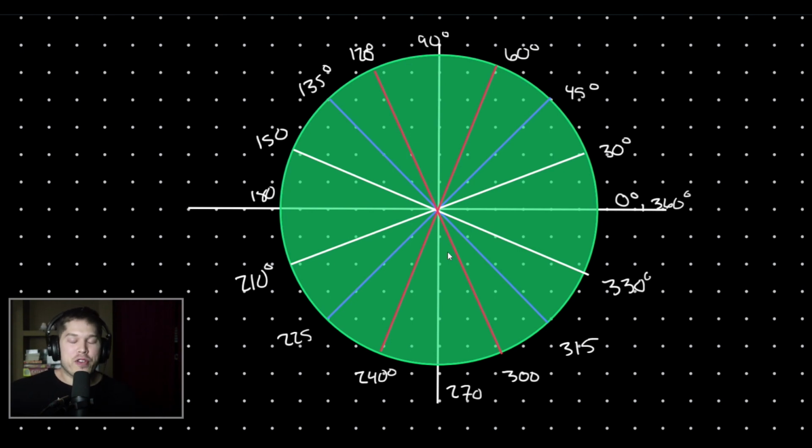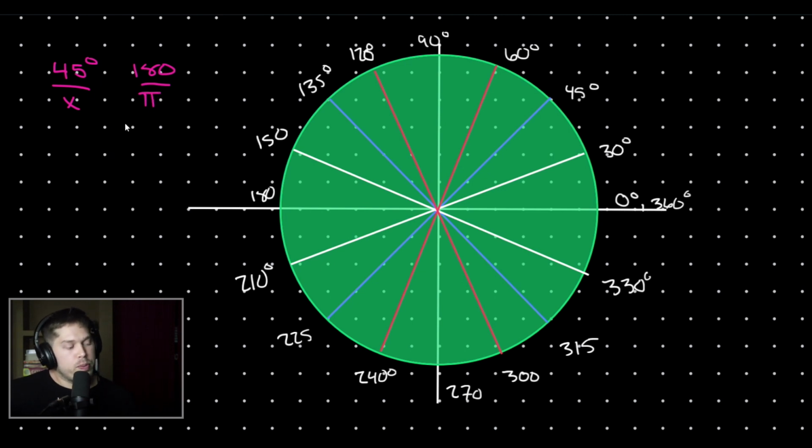Now let's think about our full unit circle in terms of radians. Let's start with 45. So again, our conversion, 45 degrees to radians. What are we going to do? Well, we know that 180 degrees is pi radians.